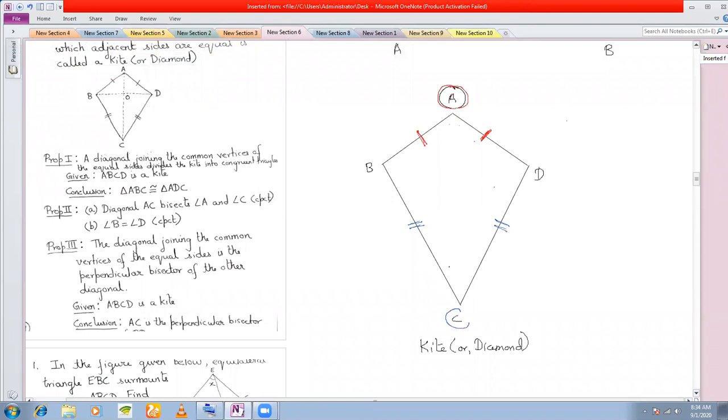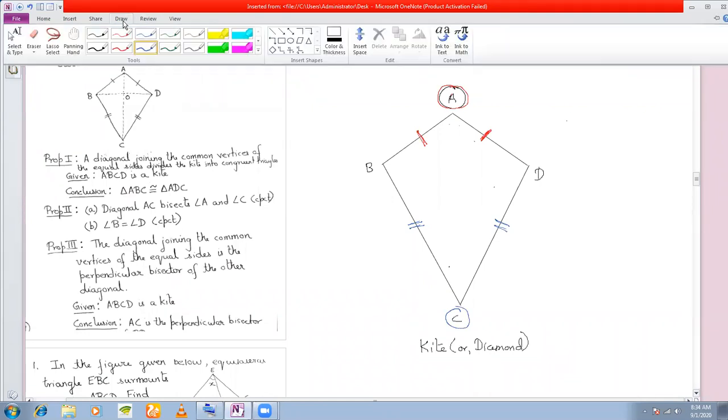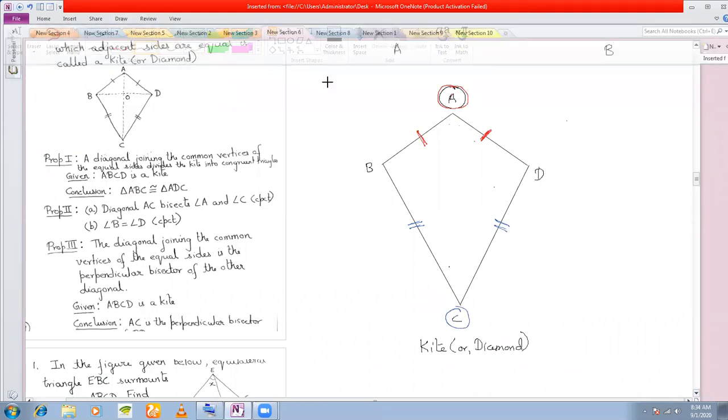They meet at the vertex C. So I join these two vertices, and it forms a diagonal. AC forms a diagonal of this kite.